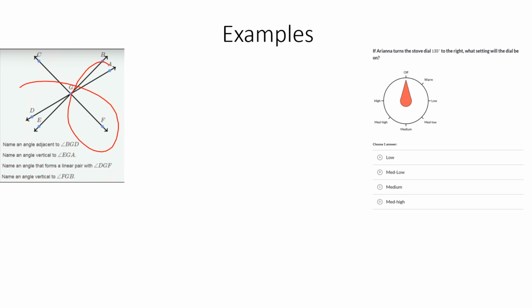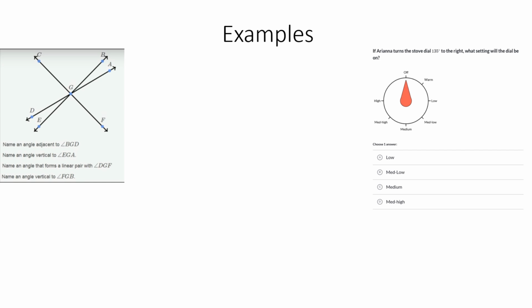Now we can move on to this. This is fairly simple. If Ariana turns the stove dial 135 degrees to the right, what setting will the dial be in? I got these from Khan Academy, by the way, if you want to check more of this out.